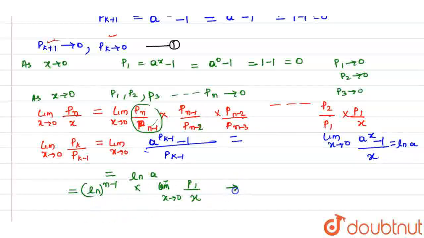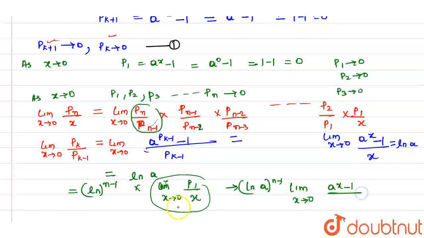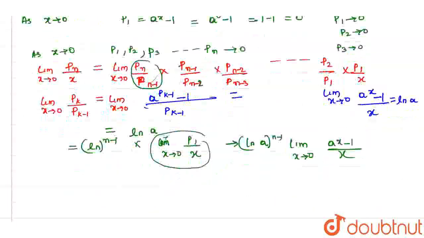And this is nothing but limit x tends to 0, the value of P1 is A^x minus 1 divided by x.